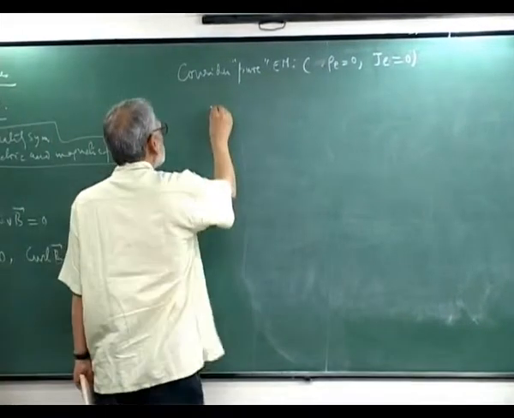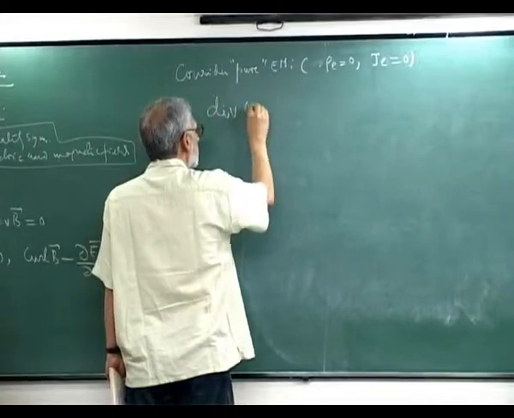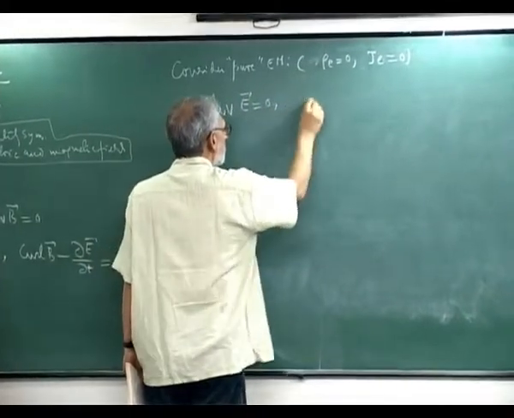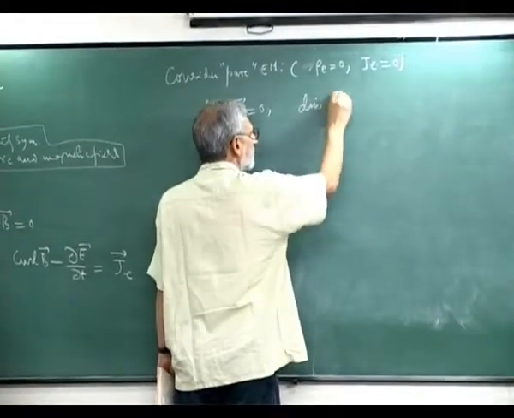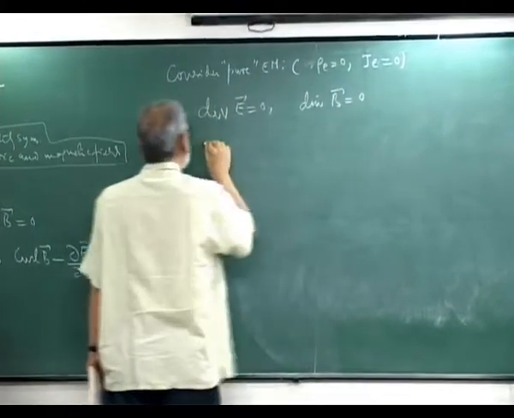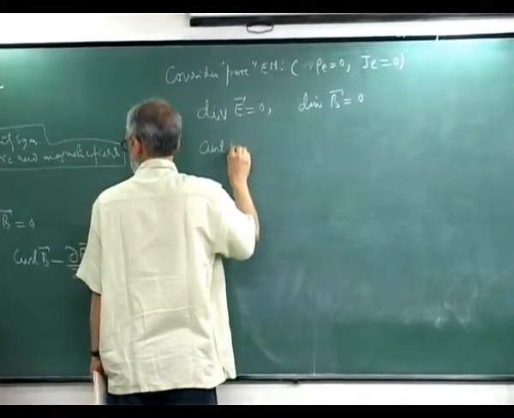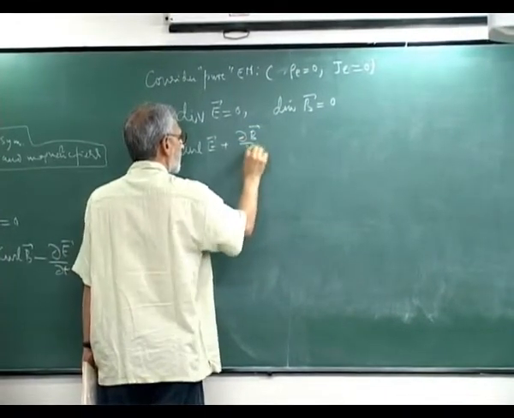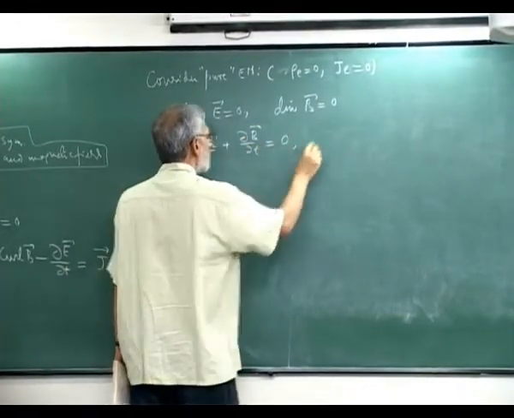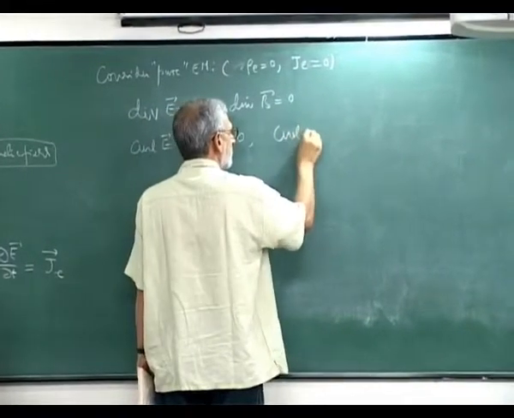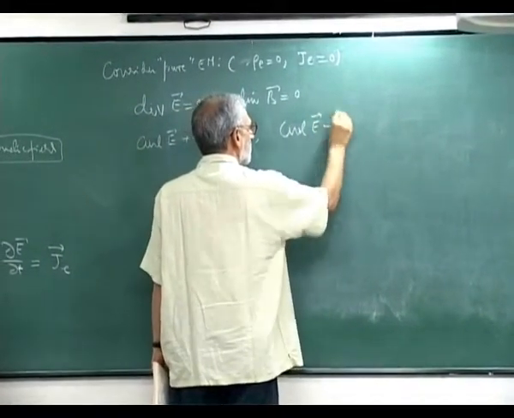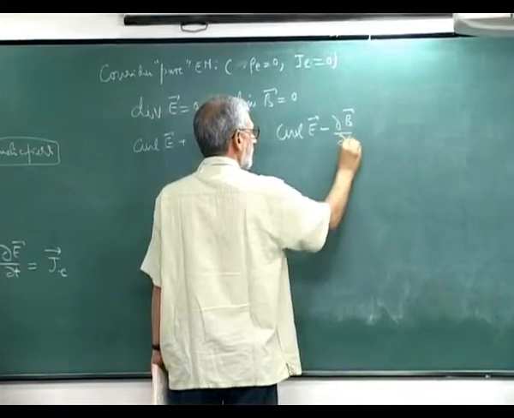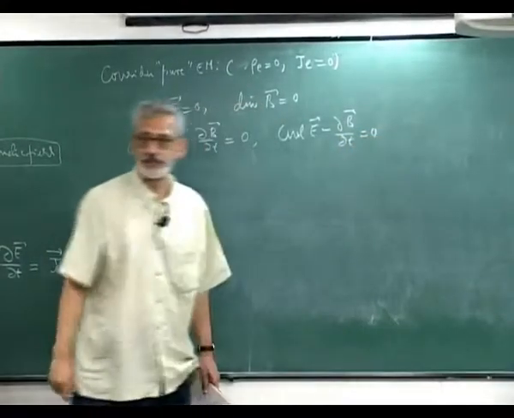Then these equations are simply divergence of E is 0 and divergence of B is 0, curl of E plus dB/dt is 0, and curl of B minus dE/dt is 0.